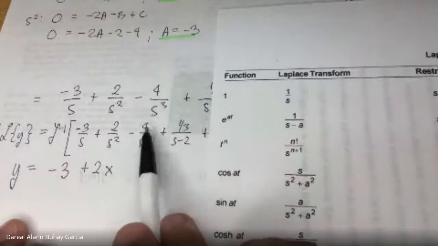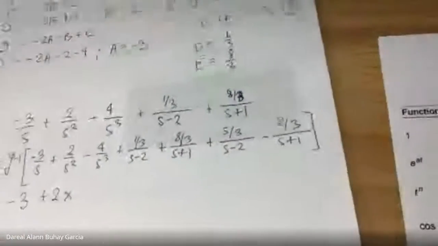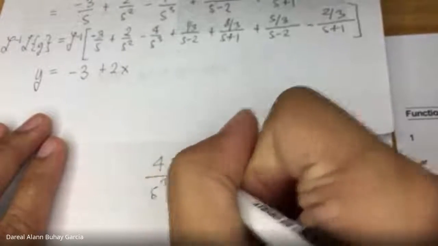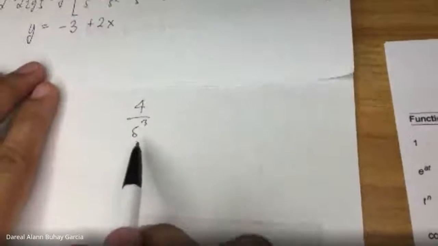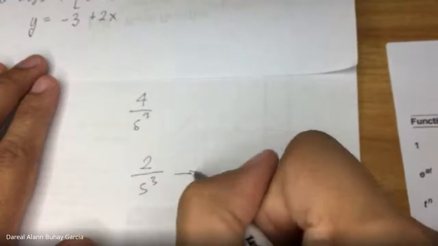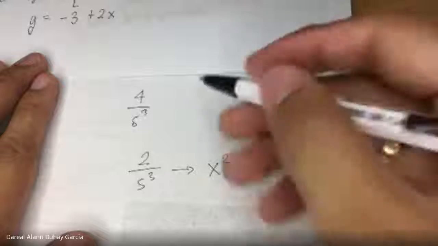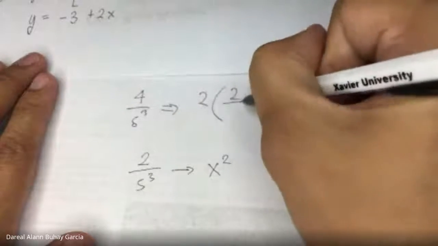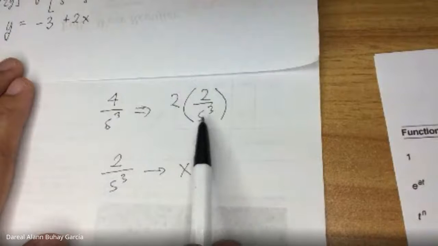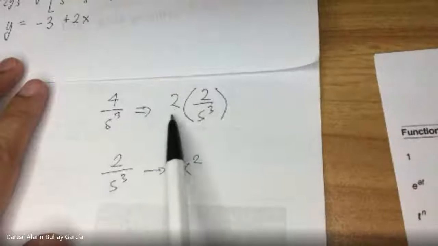The numerator is 4, a constant. So, we split 4 into 2 times 2. Supposed to be, the inverse Laplace of 2 over s cubed is x squared. But it is 4, so we transform 4 over s cubed into 2 times 2 over s cubed. It is the same. I just split 2 from 4 so that this part can be inversed, then the constant coefficient 2 stays.